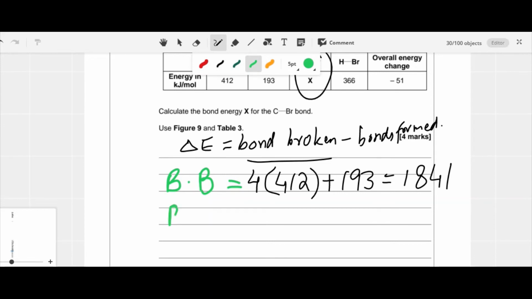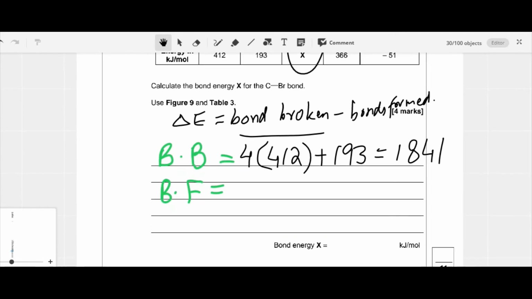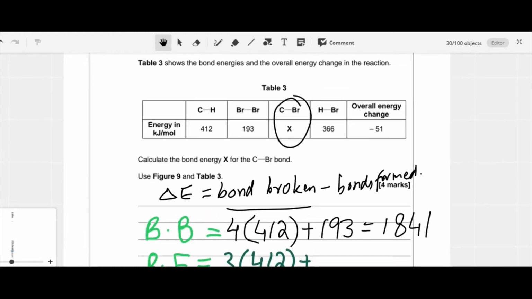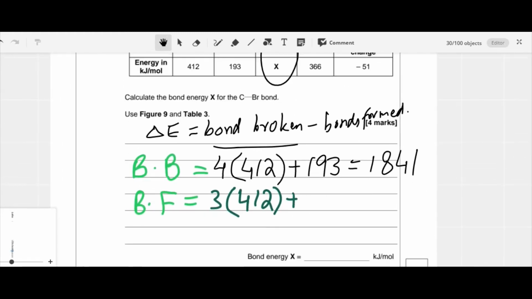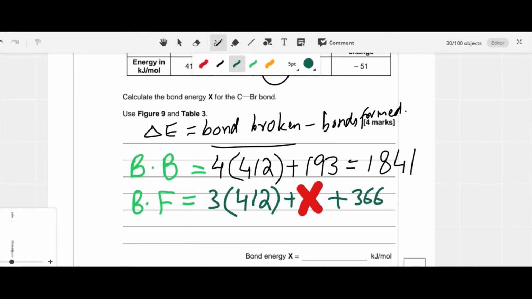Now the bonds formed, B.F. Here again there are 3 C-H bonds and 1 Br bond. So we write 3 bonds of C-H, 3 times 412, and 1 bond of C-Br, which we need to find, that is X. The next one is H-Br, one bond, with energy 366.